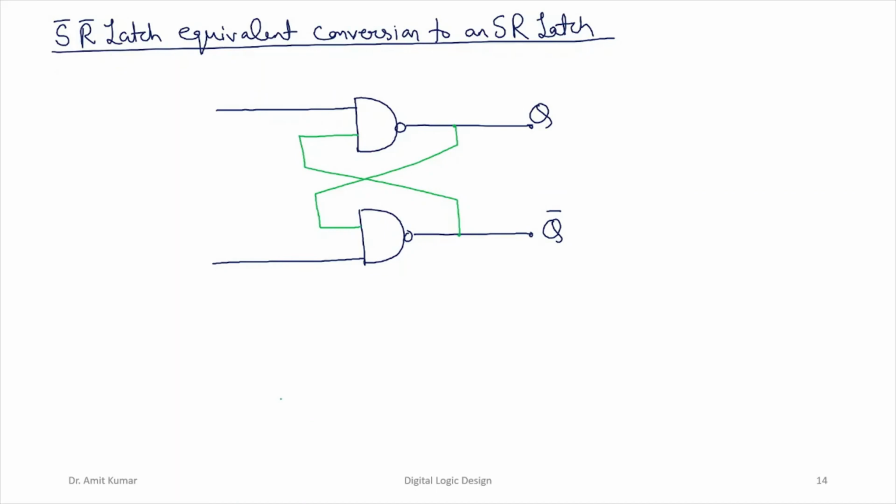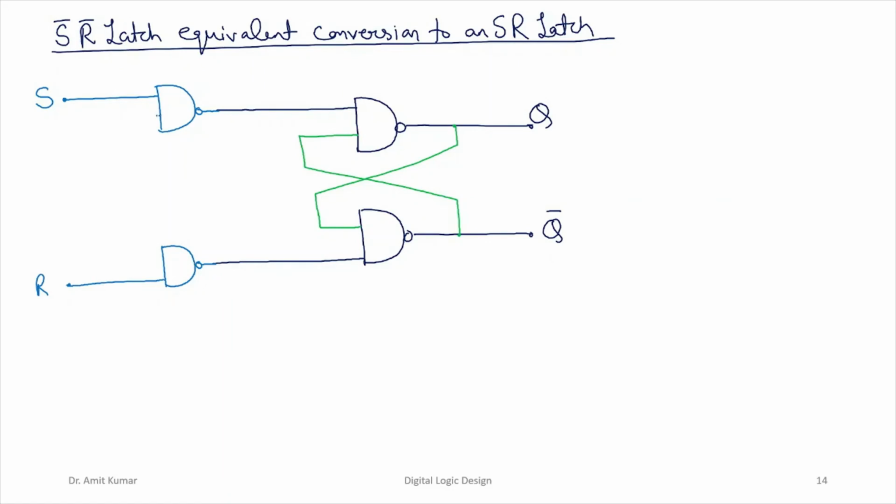Now the small modification is that we connect two more NAND gates to this design. This is NAND gate 1, and this is the other NAND gate. This NAND gate is connected to this input that we call the S input, and this particular input we call the R input, right?